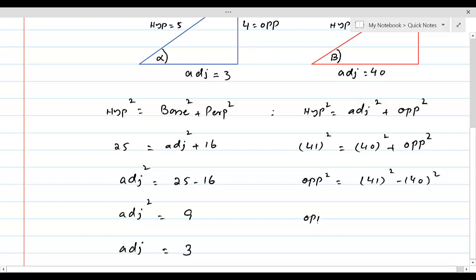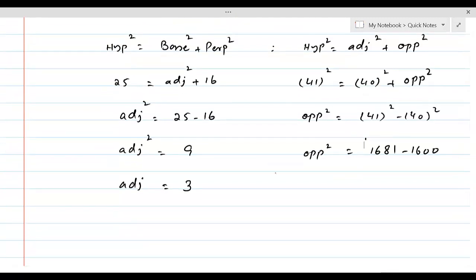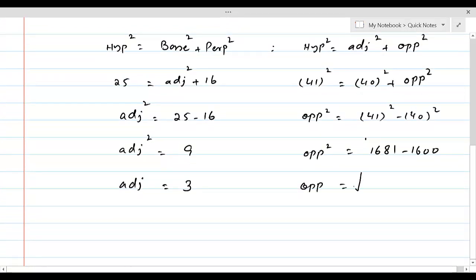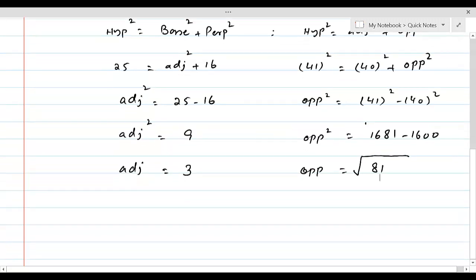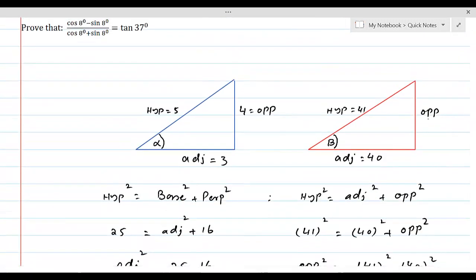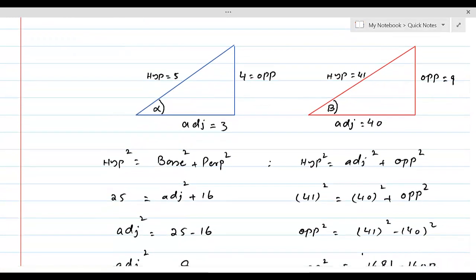Now 41 square is 1681 minus 1600, and in the next step we are going to take the square root, so opposite will be equal to square root of 81, and this is equal to 9. So the opposite is equal to 9 here, and now for alpha and beta all the sides of the triangle are known.